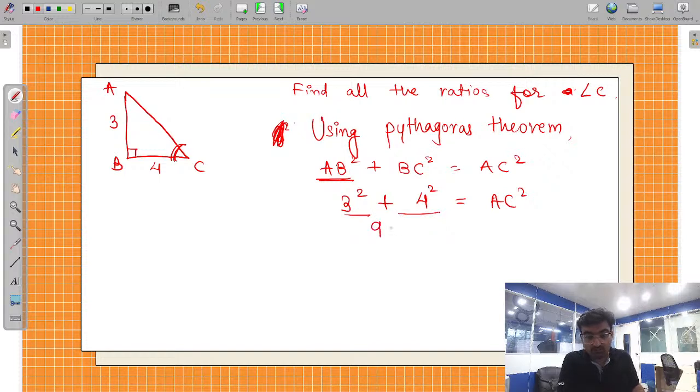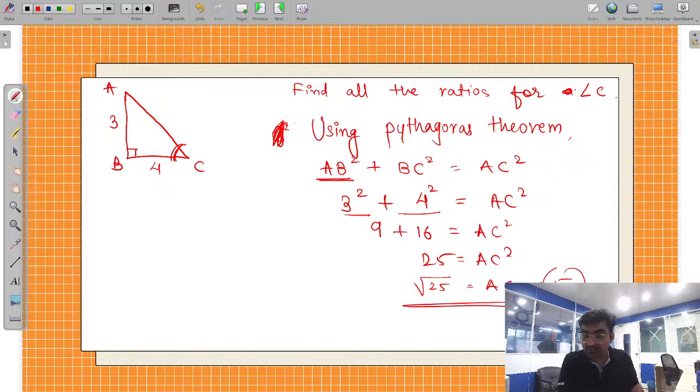What is 3 square? 9, plus 4 square is 16, so AC square we get as 25, and if we take the square root on both sides, we get the value of AC, that is 5. Correct? So the value of AC is 5.